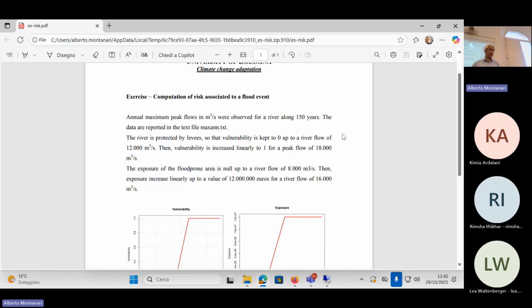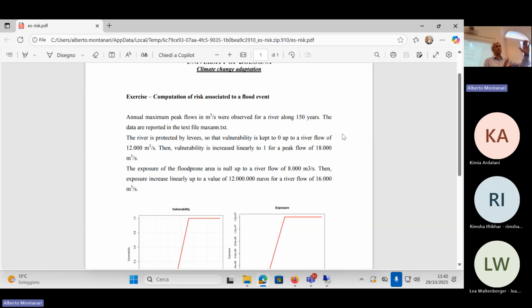Okay, so the river is protected by levees. I'm reading the text. Vulnerability is kept to 0 up to a river flow of 12,000 cubic meters per second. Then vulnerability is increased linearly to 1 for a peak flow of 18,000. And what does this mean? It means that up to a river flow of 12,000, you have vulnerability 0.